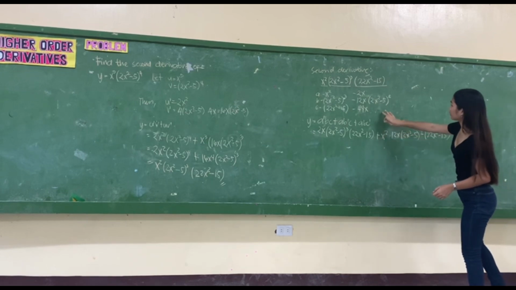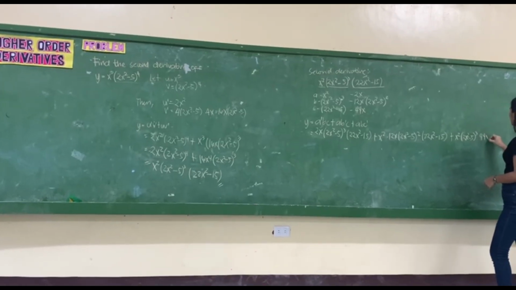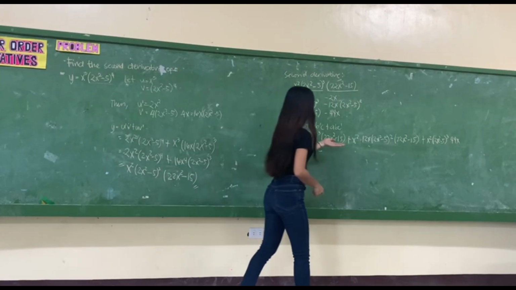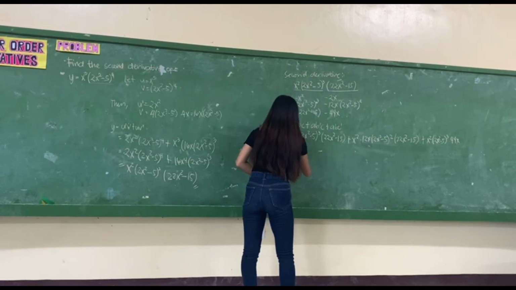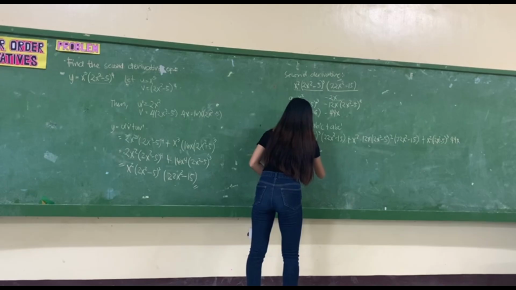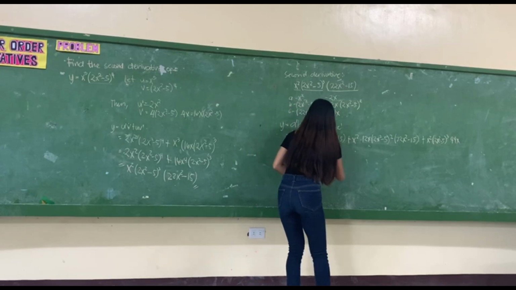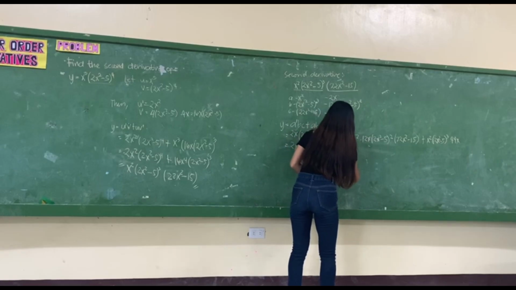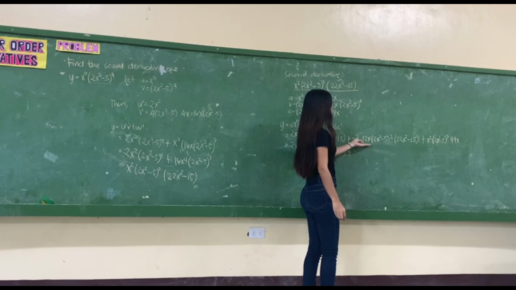our c. We have our c, right? 44x. So now let's multiply this and this. We have to copy this first: (2x squared minus 5) cubed times (22x squared minus 15). Last, we multiply this x squared by 12x.